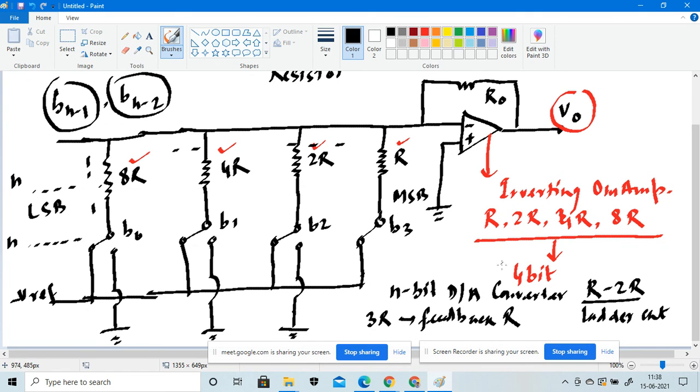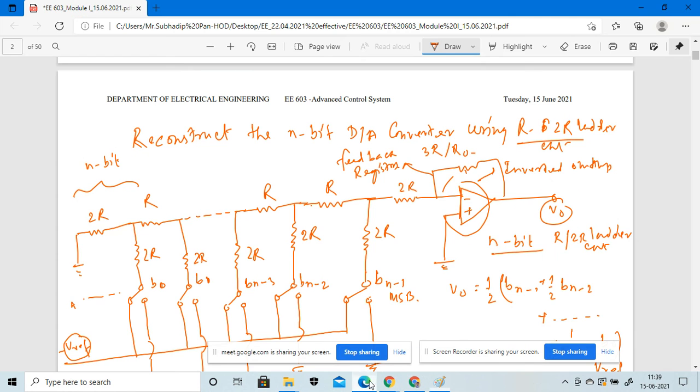As we are considering 4-bit resistors, we have 4 weighted resistors. So what will be the difference between this structure, this particular configuration, and this configuration? Can anyone tell? Or are both circuits the same?